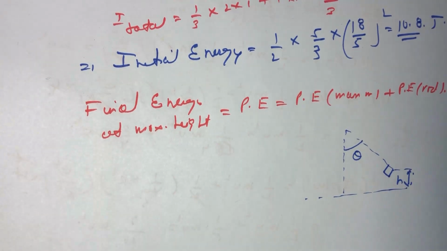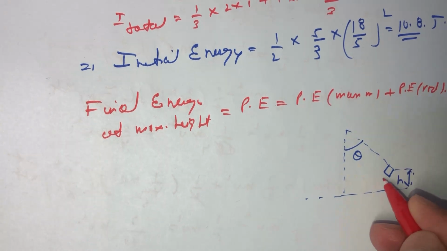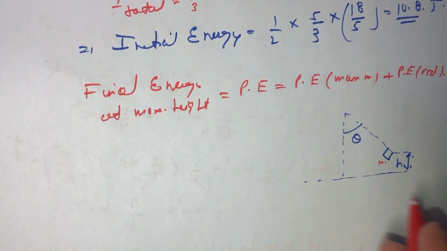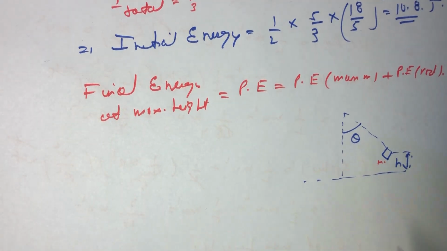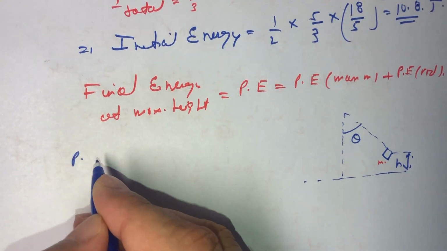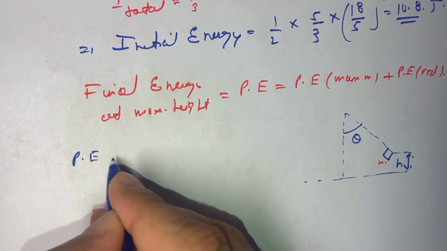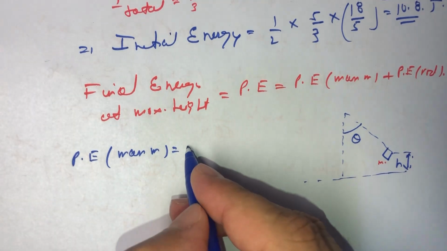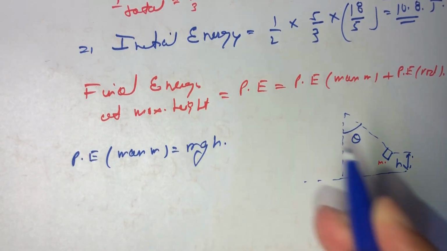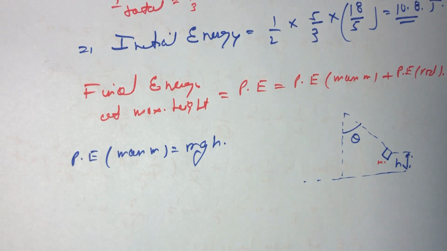So this is a block of mass m. So we can say potential energy of mass m will be equal to mgh, and let's calculate what our h will be.